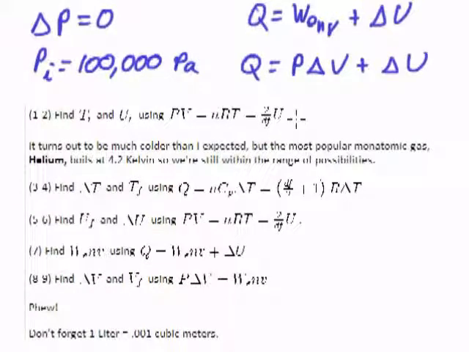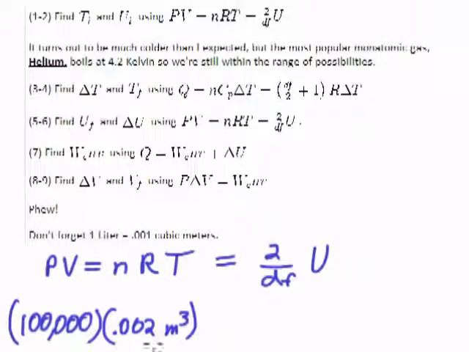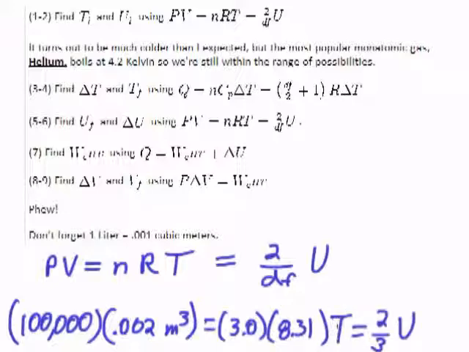We'll figure out the initial internal energy and initial temperature using PV equals nRT equals 2 over degrees of freedom times U, with our pressure of 100,000 pascals, our volume of 0.002 cubic meters. We had 3 moles of the gas constant of 8.31, and then we'll be solving for temperature and internal energy.